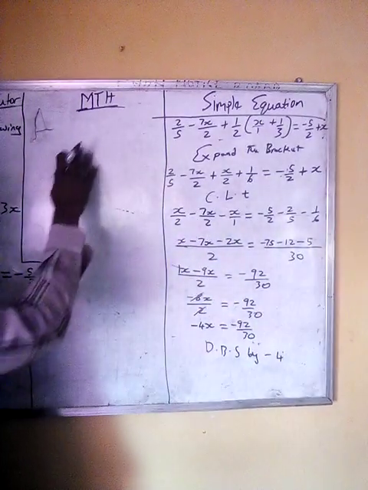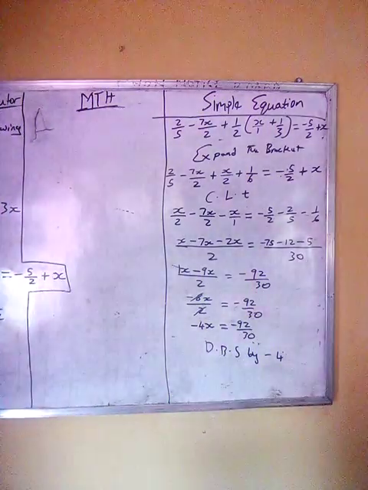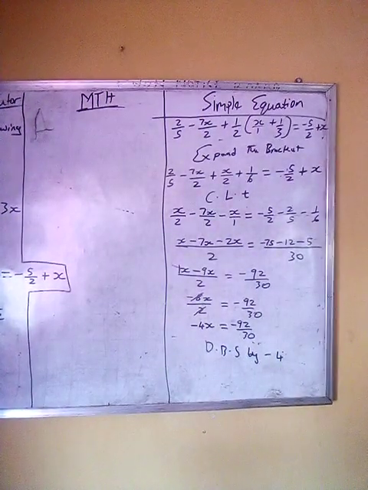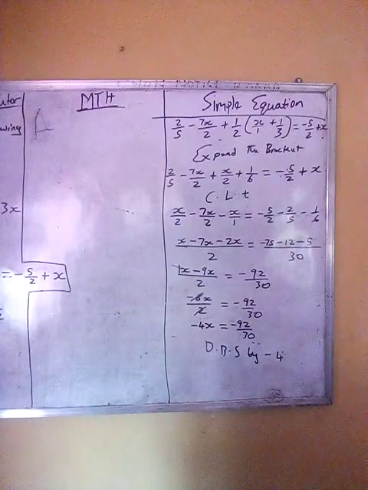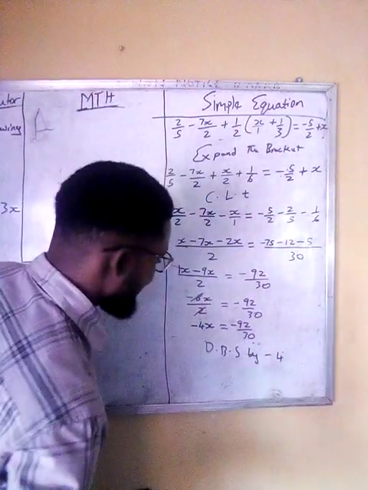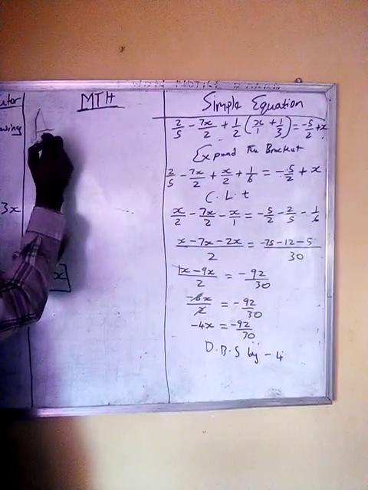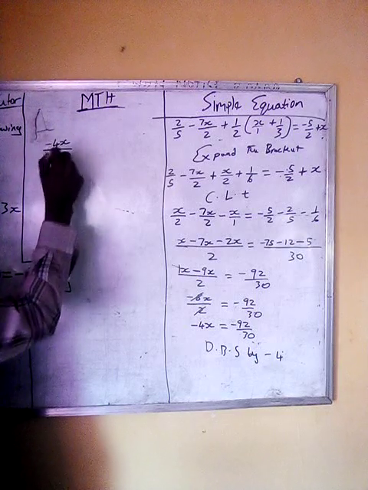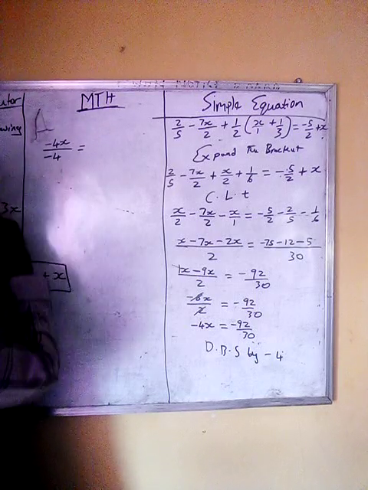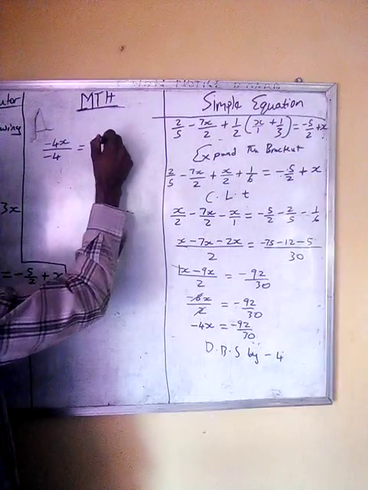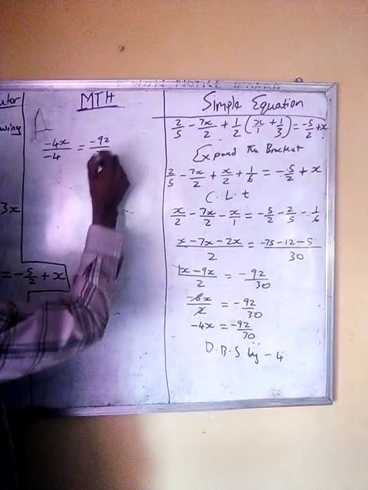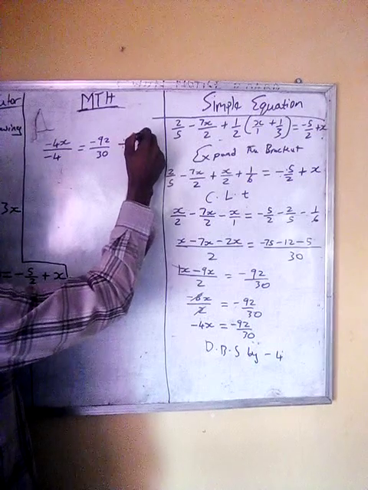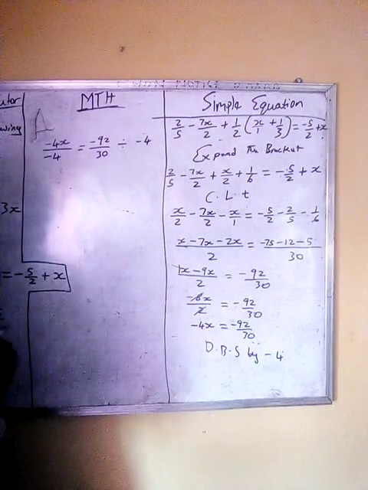Okay, can you guys see this side of the board? Alright, divide both sides by -4. So this is -4x divided by -4 equals to -92 over 30 divided by -4.